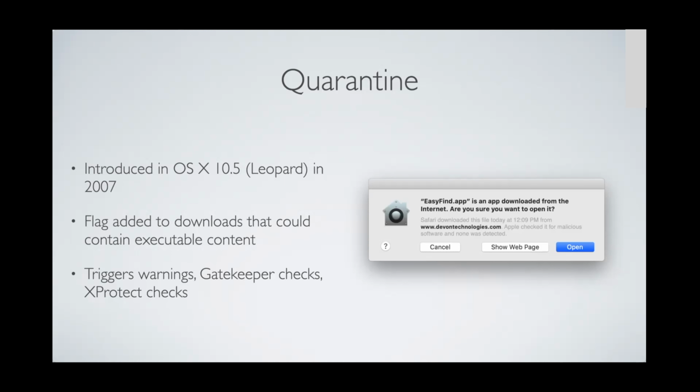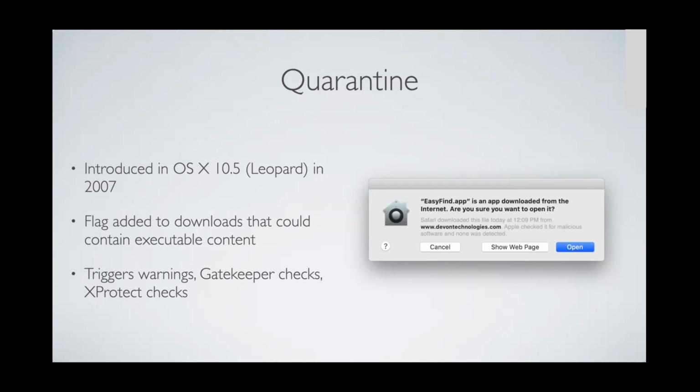So the reason for this is that at the time there was some malware out there that was pretending to be a document of some kind, like a Word document or a PDF. And you double click it thinking, okay, it's a document, it's perfectly safe, I can open this. It was actually an application, and you just double click it and it would open right up. So that's a problem.